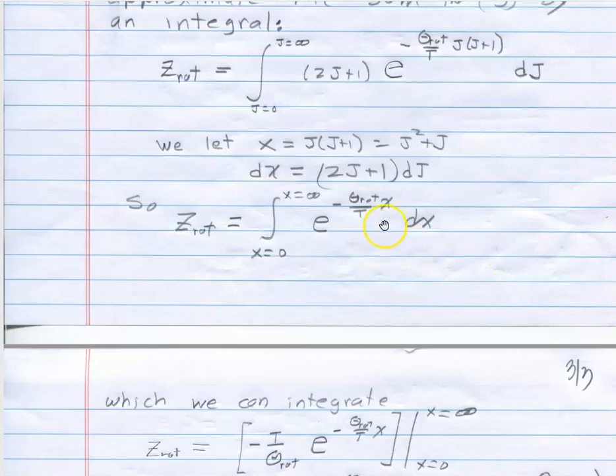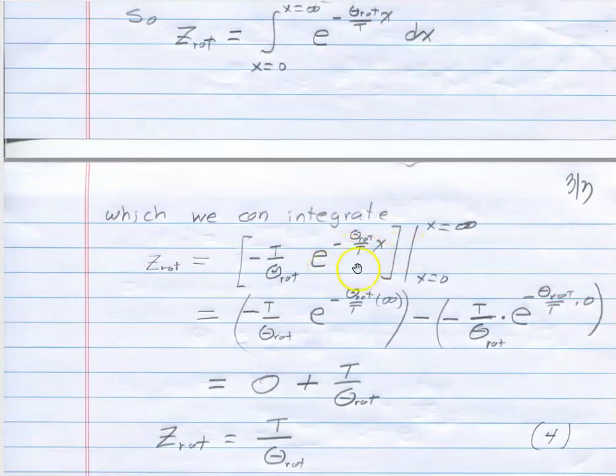In any event, you can integrate this exponential. It's simply the exponential here again. And then you have to divide by the factor in front of it, which flips things over instead of theta rotation over T, it's T over theta rotation with a minus sign. And then evaluating that at the upper limit and subtracting at the lower limit. The upper limit is e to the minus infinity, and so this term goes totally out.